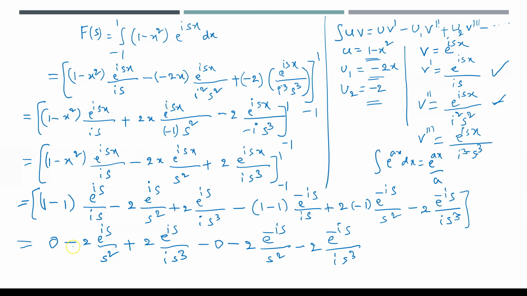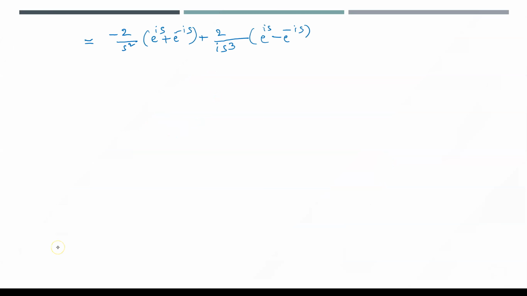Let us check. If you take minus 2 by s square common, you get e power is plus e power minus is. If you take plus 2 by i s cube common, you get e power is minus e power minus is. Now if you multiply and divide this by 2, you get minus 4 by s square into e power is plus e power minus is upon 2. I have multiplied and divided by 2.